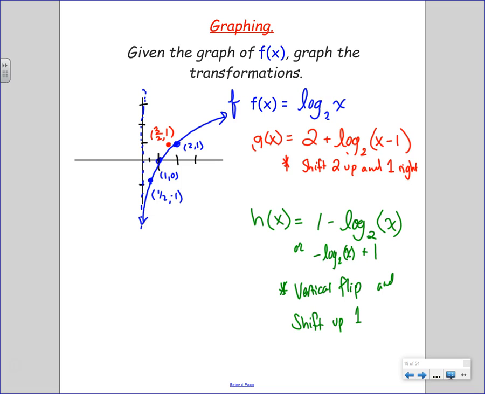Because you go over 1, which would be 1.5, and you go up 2, which would just be 1. Now this one needs to go up 2 and over 1, which would be the point 2, 2.